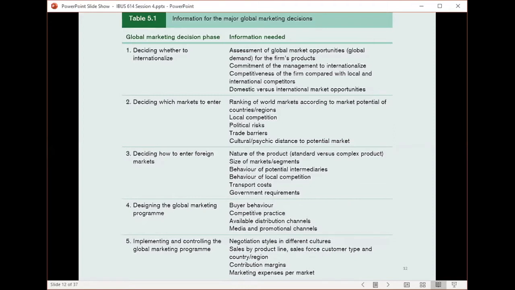Okay, so the next phase we can talk about is deciding which markets to enter. And again, they need research to ascertain this. Because we are sitting here in Ghana, if we are choosing to enter Romania, for instance, there's no way we can know the political risks in Romania, or the trade barriers in Romania, or the nature of the local competition there.